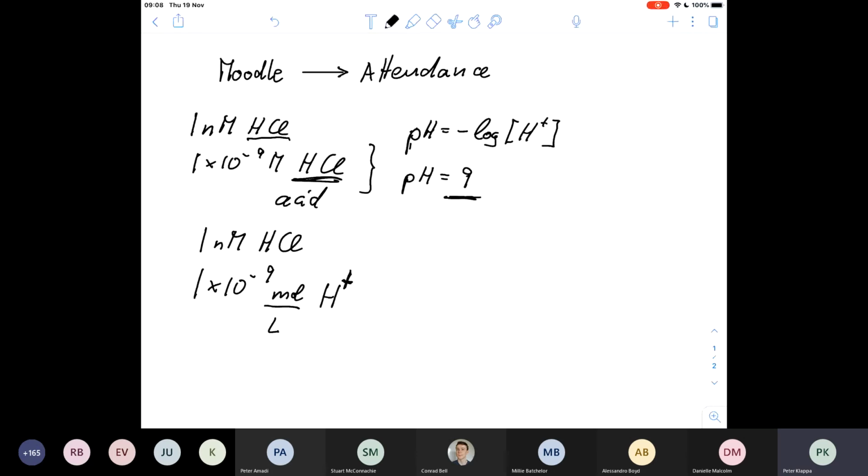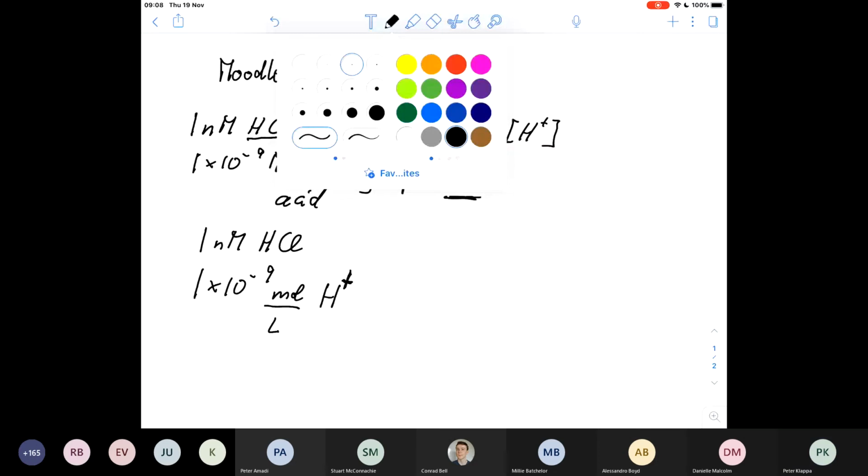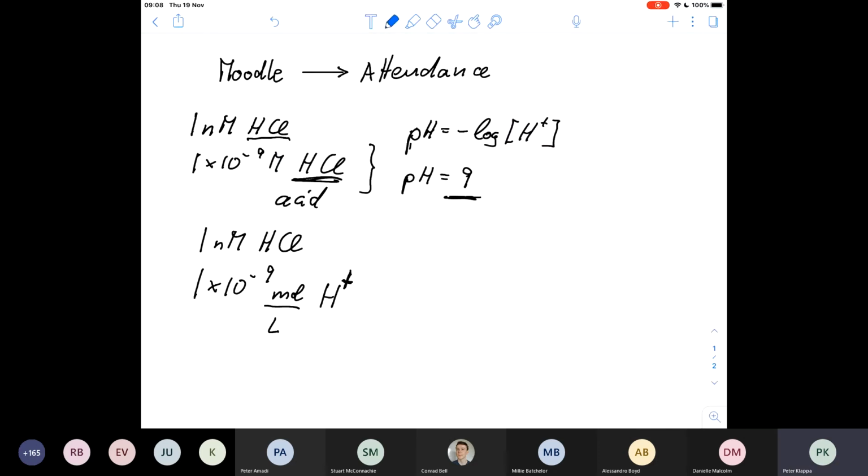So far, so good. What else do we have in this solution? I take a different color, light blue. What else do we have? We have HCl. What else is there? It's chloride, yes. And what else? Yes, we've got water.